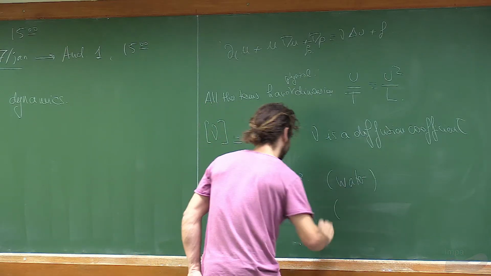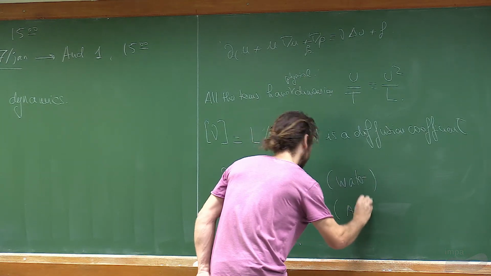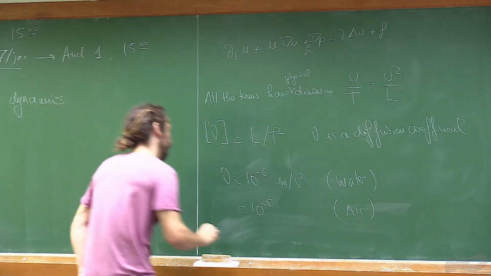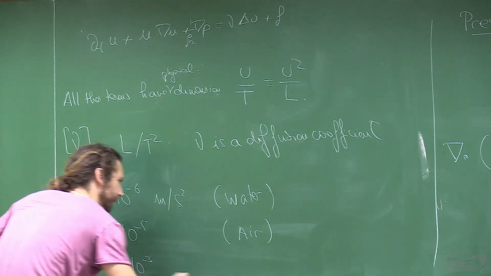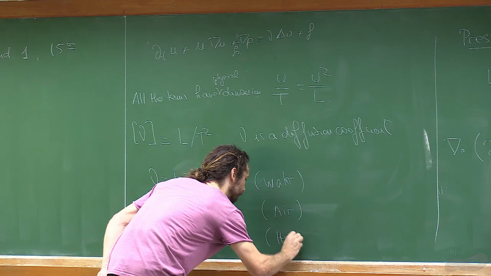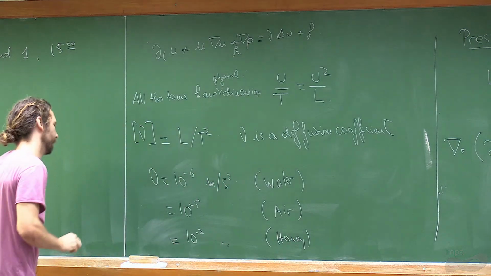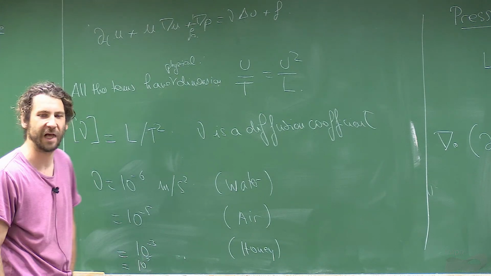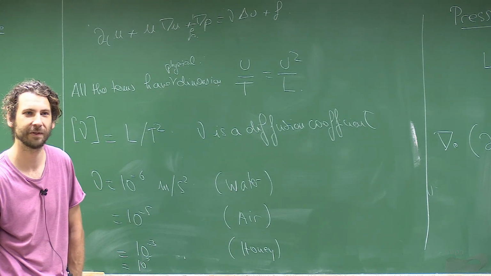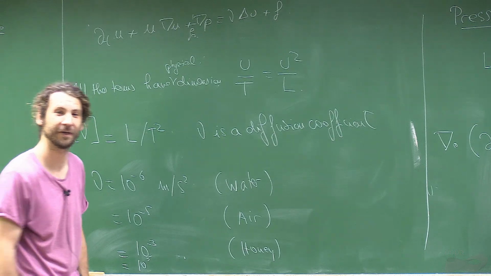And honey is 10 to the 3. And if you consider, for example, asphalt as a liquid, then it's 10 to the power 5.